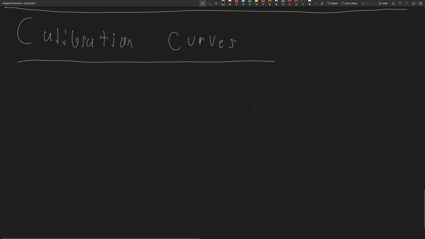So, calibration curves are the method that we are going to use, and they are pretty much universally employed in determining the analytical concentration of pretty much any species. So this is a quantitative technique.